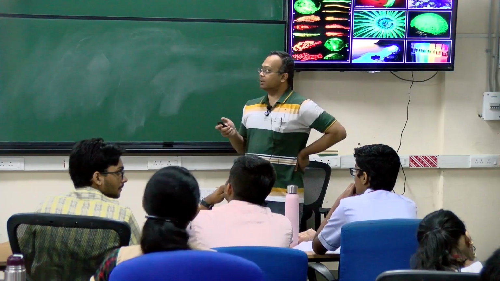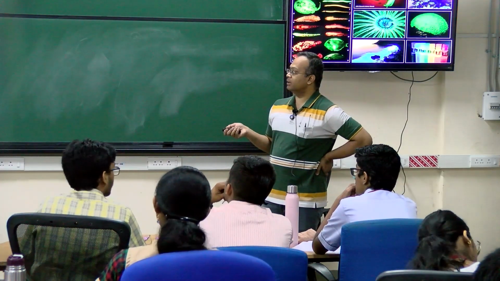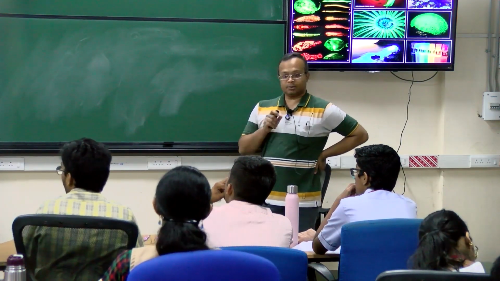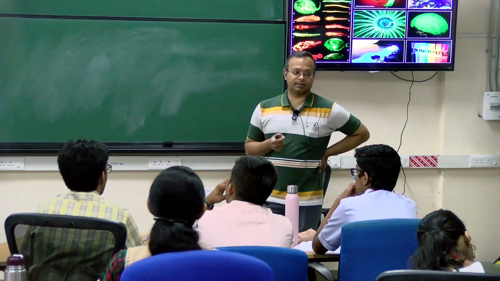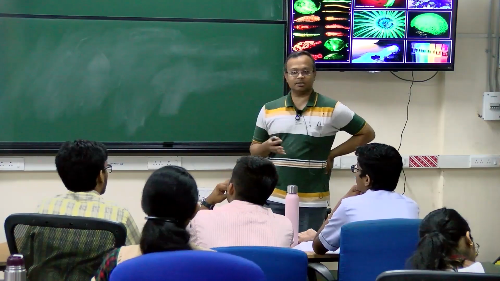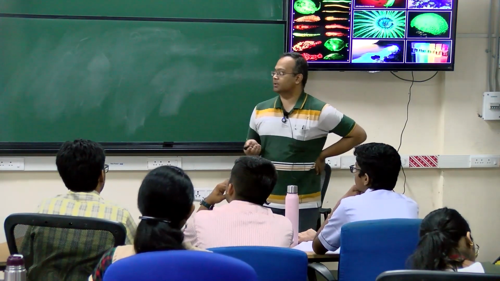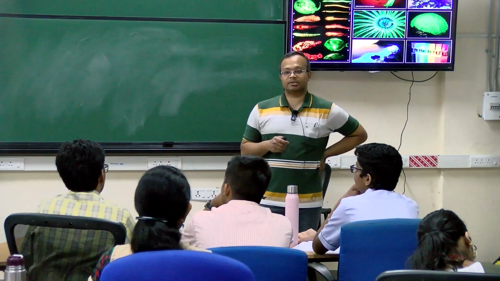Some of the marine animals that you see glow in the dark. That is actually also not fluorescence. That is called luminescence, bioluminescence. If it is from a biological organism, it is called bioluminescence. So not everything is fluorescent.